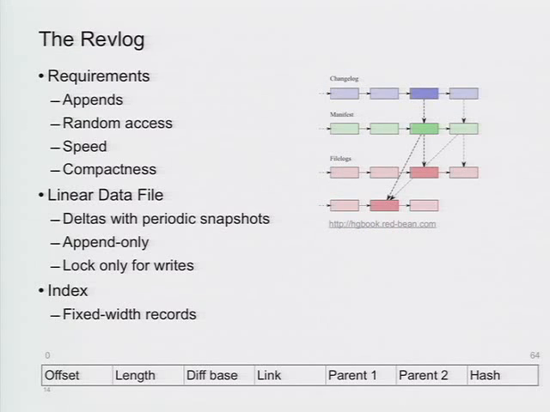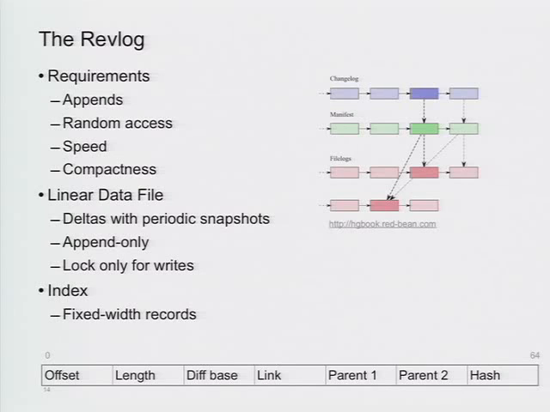All right. So how is this actually stored on disk? Mercurial uses a structure called a Rev Log. If you've noticed, these graphs are fundamentally the same, whether they're operating on files, manifests, or change sets.